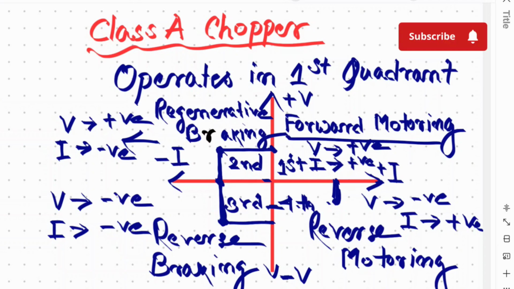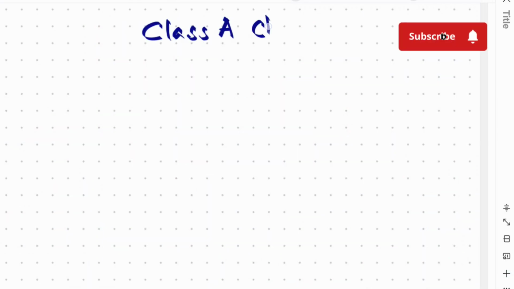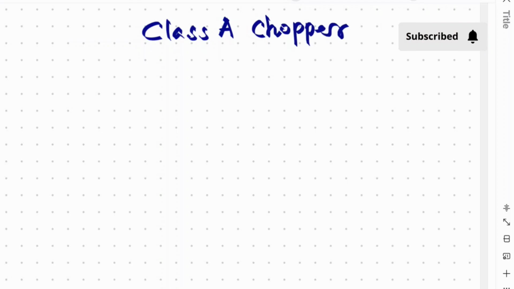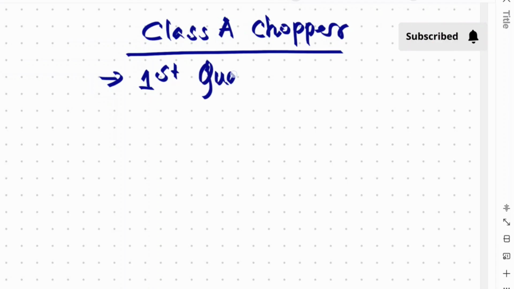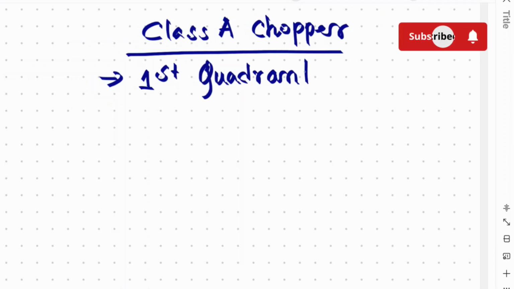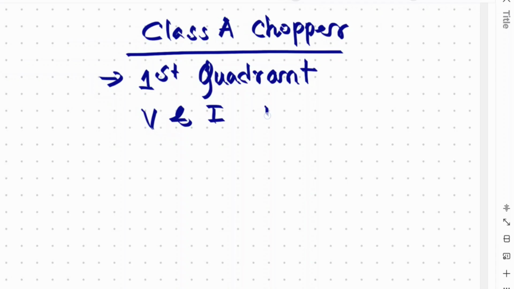Introduction to the class A chopper. The class A chopper operates in the first quadrant, where both voltage and current are positive.